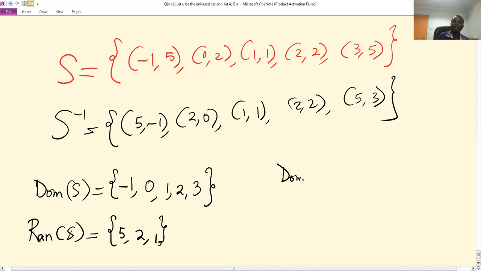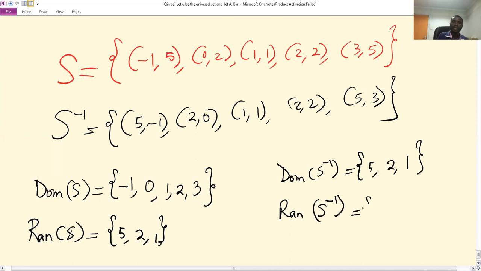And domain of the inverse relation, we have 5, 2, 1. That's what we have. Range of the inverse relation is -1, 0, 1, 2, and then 3.